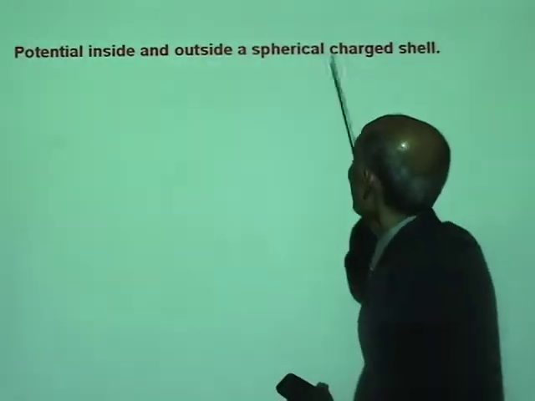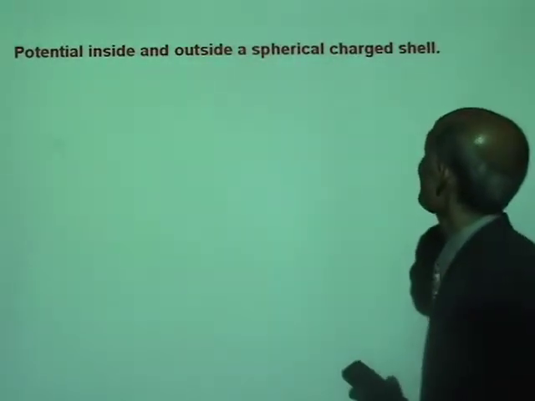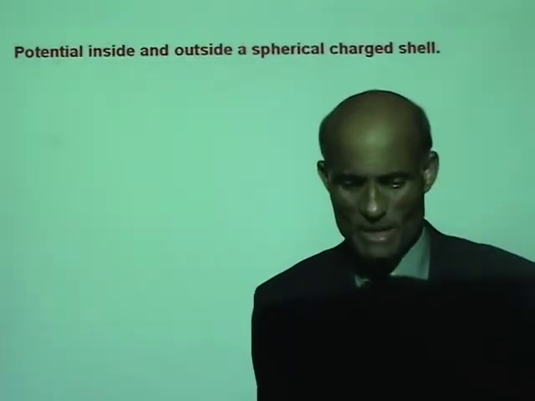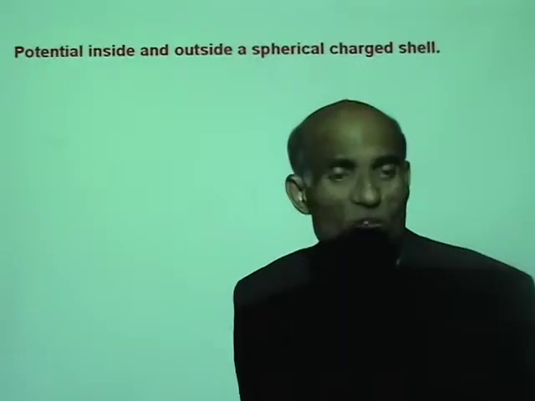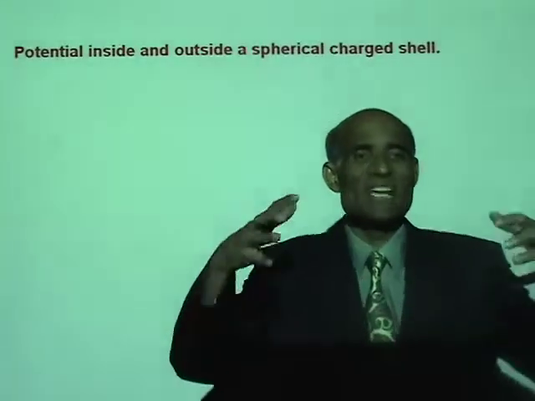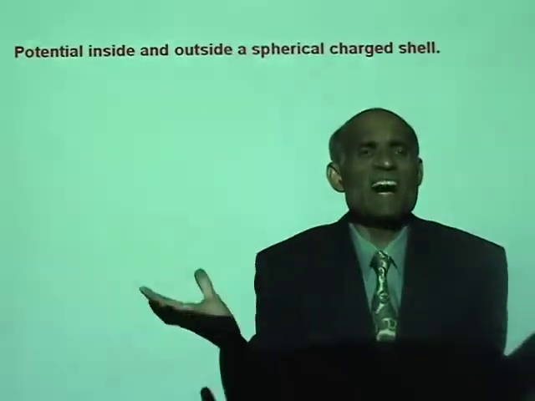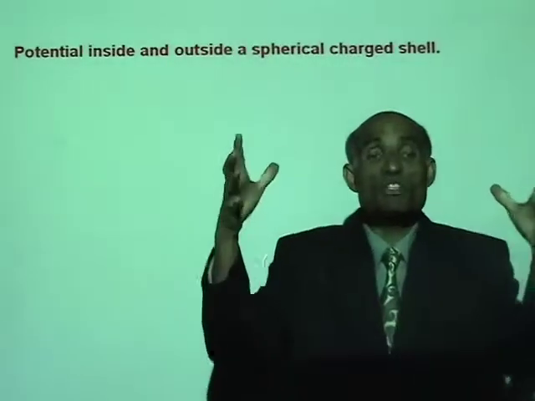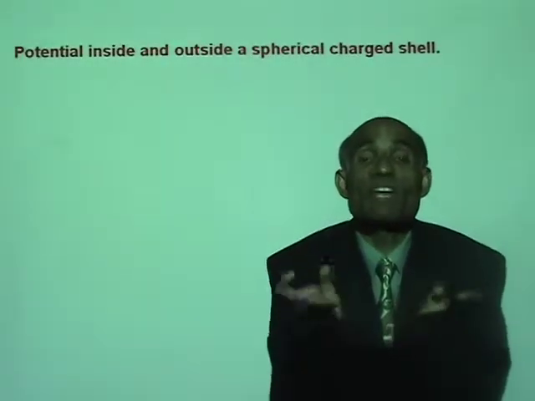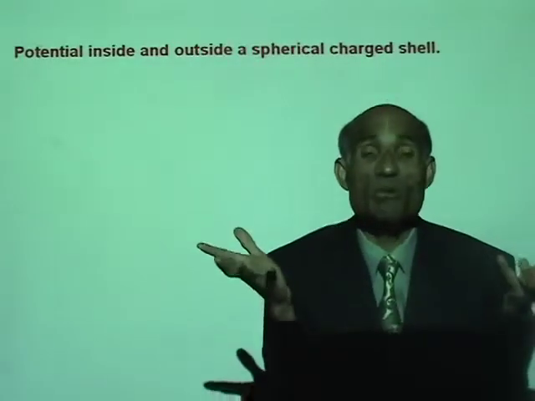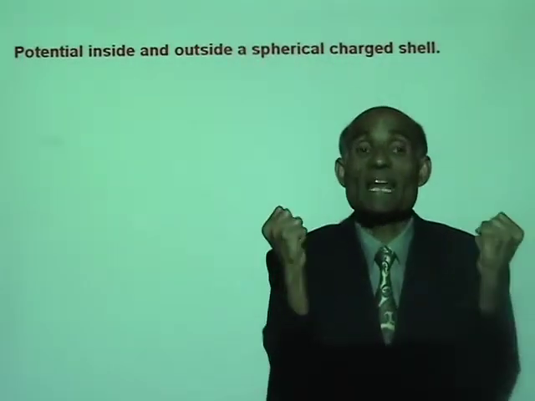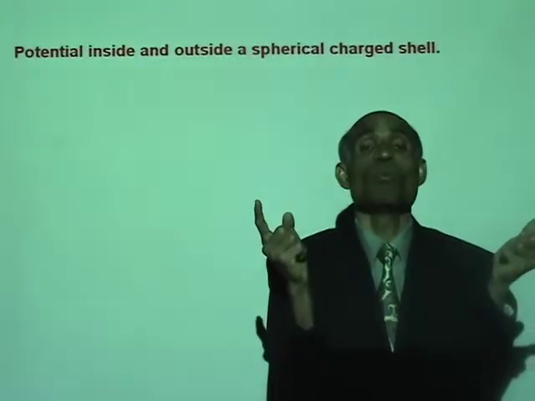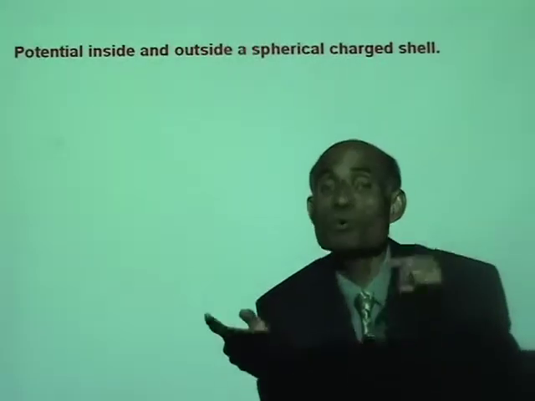Potential inside and outside a spherical charged shell. Now, do you remember, in connection with Gauss's law, we talked about the electric field inside a spherical shell. We said if you have a spherical shell, the electric field inside is 0. If the electric field inside is 0, what is the electric potential inside?